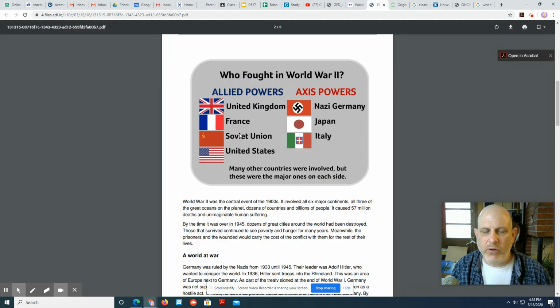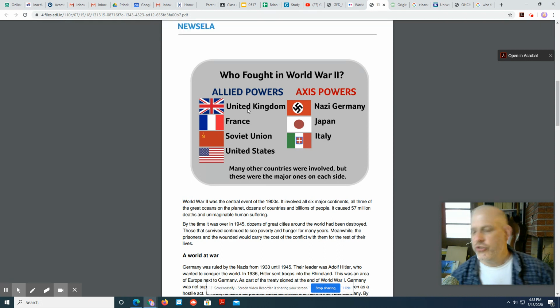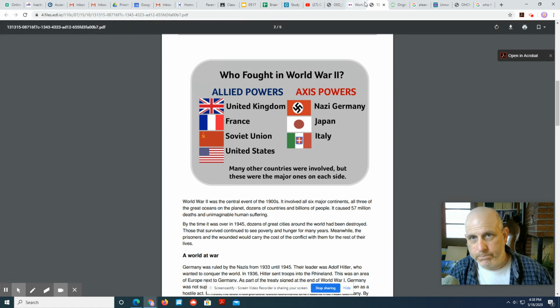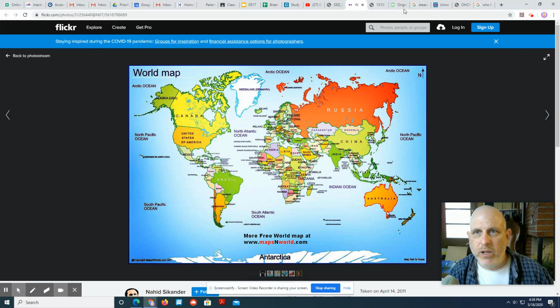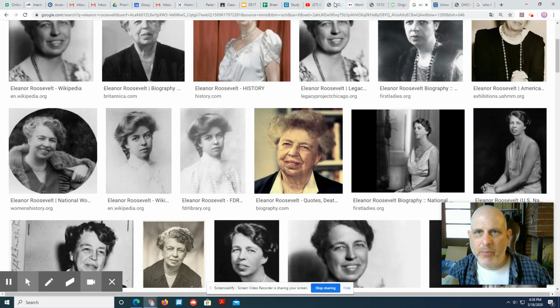It was the U.S.'s idea, but we're going to create an organization for the whole world to try to make peace, and it's going to be called the United Nations. We have that today, and all the members of the world are going to have seats in there, and they're going to vote, and they're going to talk, and we're going to try to avoid war that way. All right, so that's the backdrop to this reading.